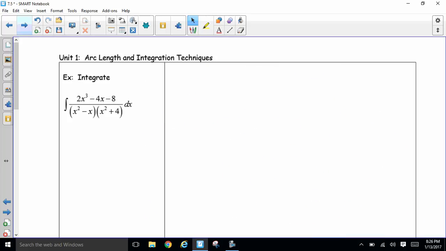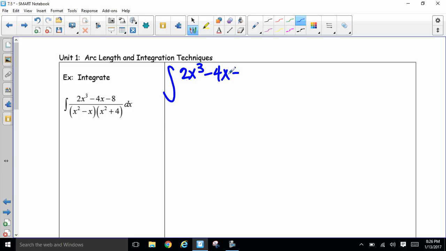All right, you try regular u sub, but if you notice, they've already factored this denominator for us. Not all the way, I can go one step further, but that's where it's a good idea to try partial fractions. So if I take a look and recopy my numerator, 2x cubed minus 4x minus 8, and then the denominator, I can take out an extra x from there.